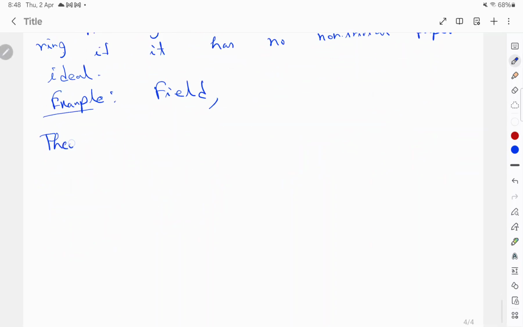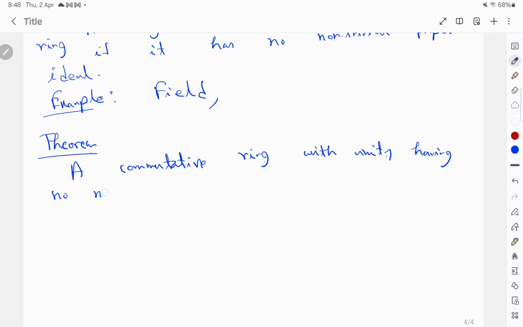Next theorem: a commutative ring with unity having no non-trivial proper ideals is a field.